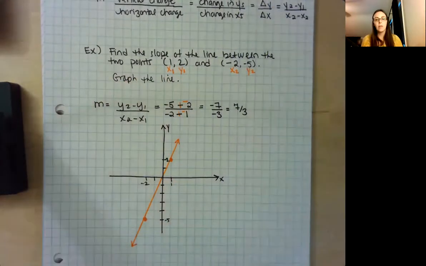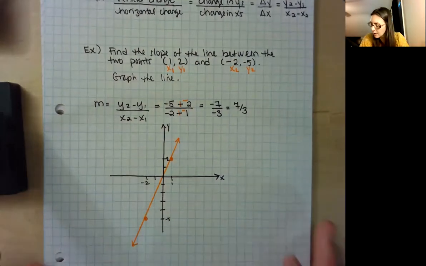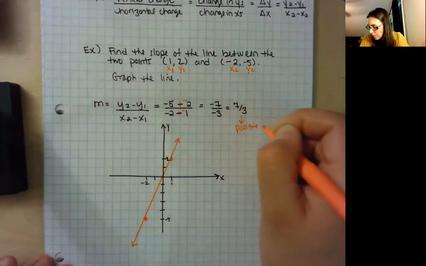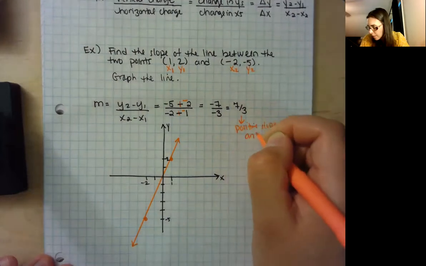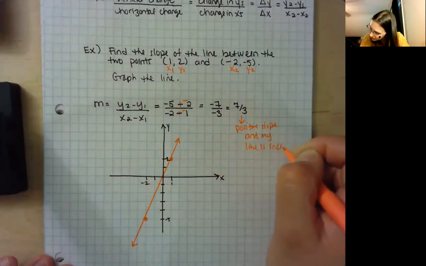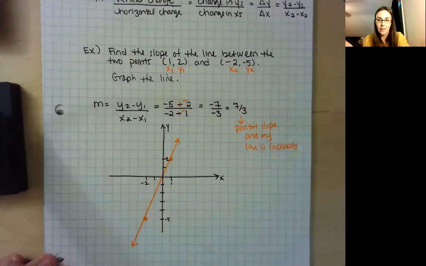So there's my graph. This time I didn't have to find the points on my own. They gave me the points, which is kind of nice, saves me some work. And notice here that I have a positive slope, and my line is increasing. So you can see that it is going up. It is an increasing line with a positive slope.